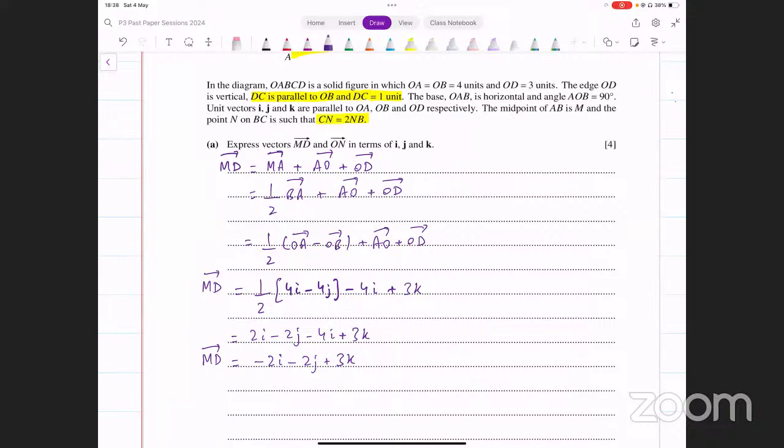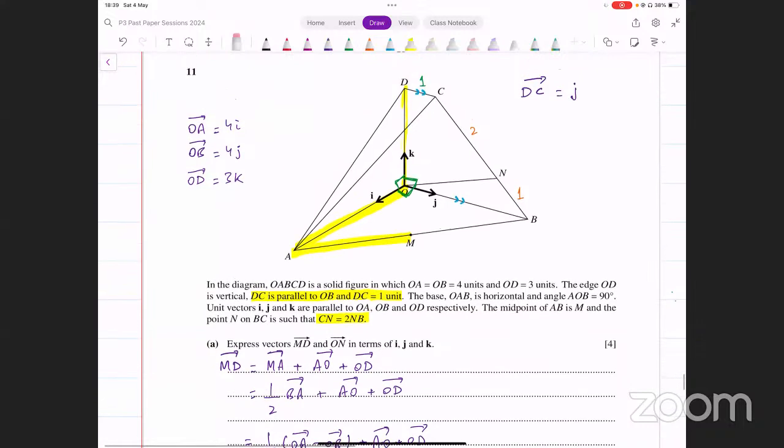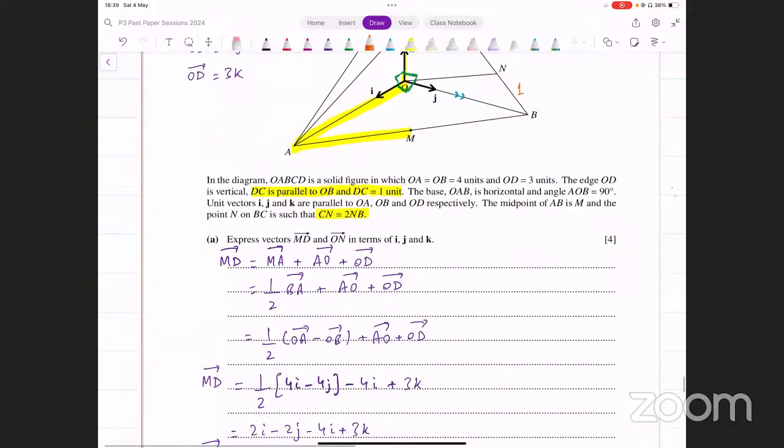All right. Now the second thing that you're asking us for is ON. So now on the diagram, we have to start at O. How do we know that the direction is BA and not AB? Because we are starting from M, right? We're going from M to A. From M to A, it's this direction, towards the left side.